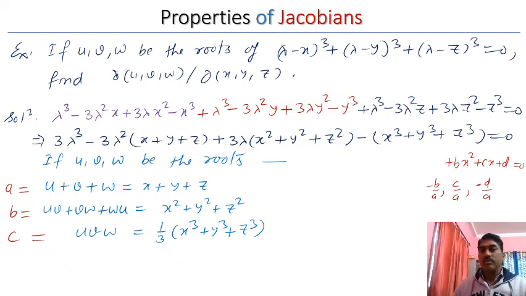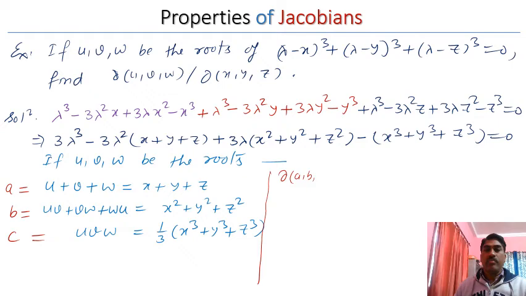So let us write here. Jacobian of a, b, c with respect to x, y, and z.